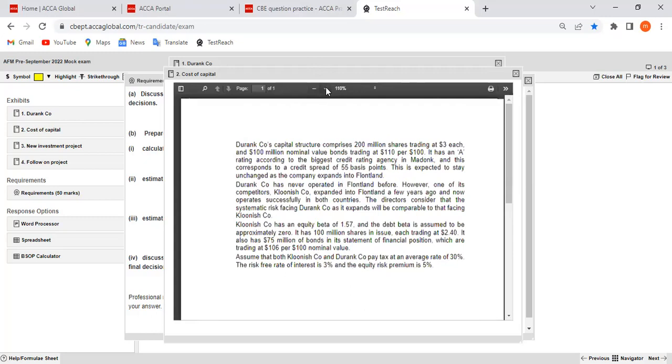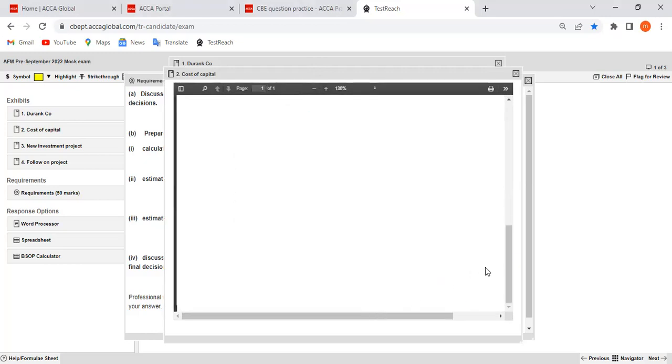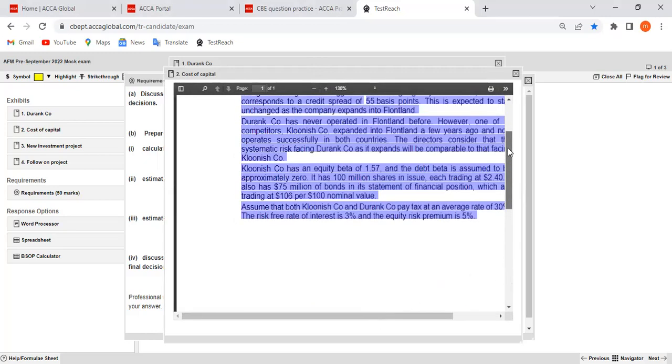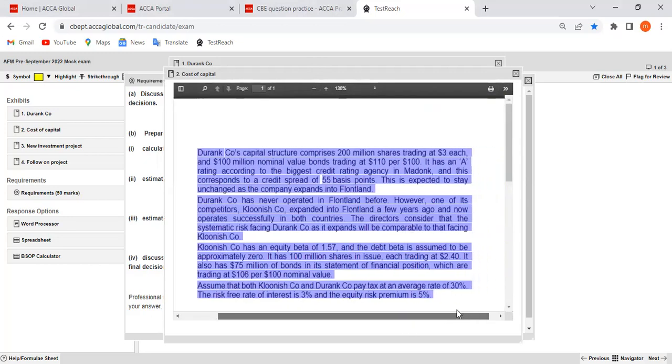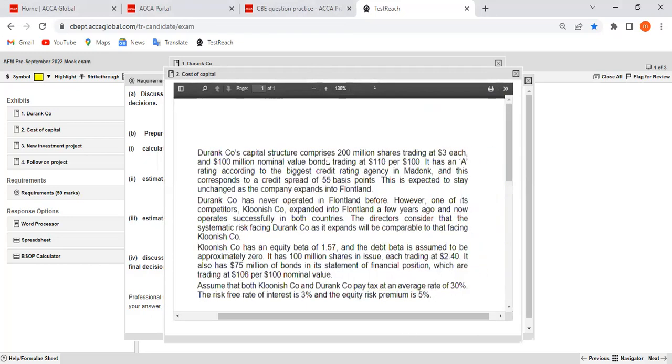The examiner is saying D company's capital structure comprises 200 million shares trading at $3 each and 100 million nominal value bonds trading at 110 per 100.